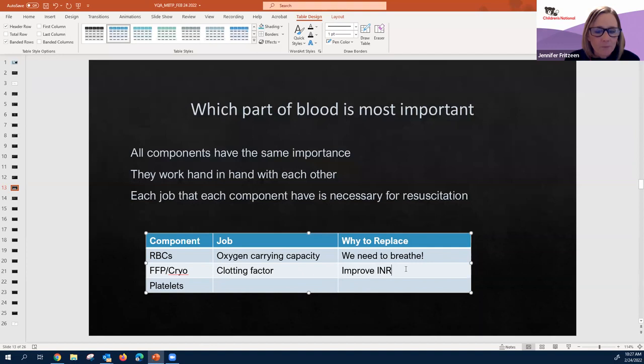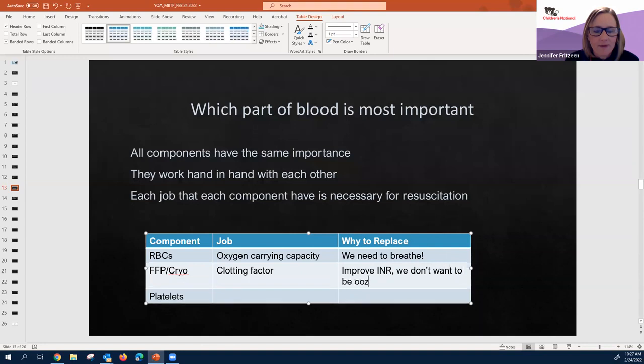And job, clotting. And same thing, don't want to be oozy. Fibrinogen to be able to clot.